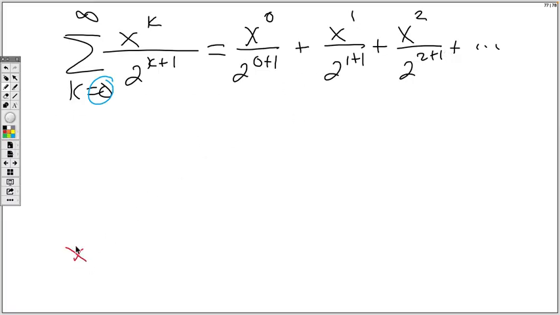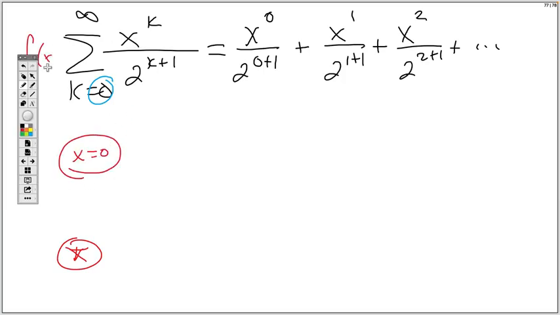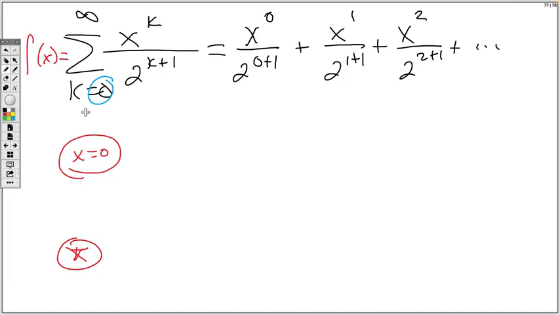Now, in this particular context, in Chapter 10 and Chapter 11, if we wanted to plug in x equals 0 here, because this is a function of x, this is technically what's called a power series, and we'll be studying these in Chapter 11. But if I were to plug in x equals 0, you might say, well, wait a minute, that's a 0 to the 0 there.